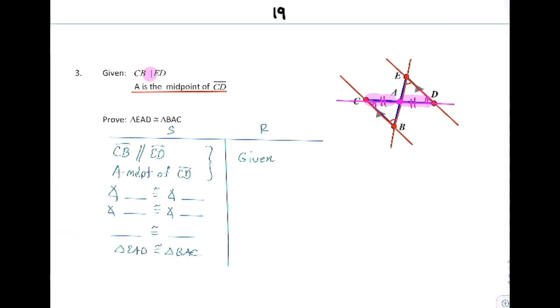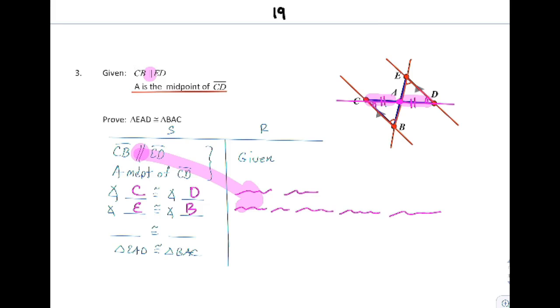So let's go to the proof. I have my givens taken care of. First I'll deal with the parallel. That's going to lead to alternate interior angles. So I know that angle C and angle D are congruent, and I know that angle E and angle B are congruent because parallel lines form congruent alternate interior angles.